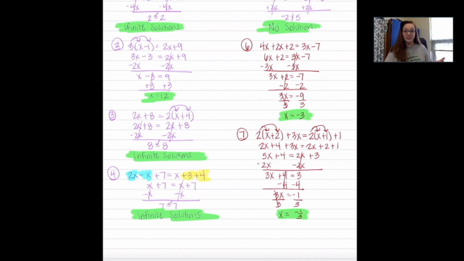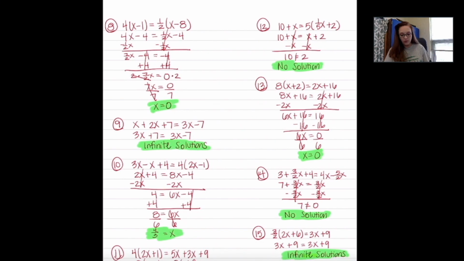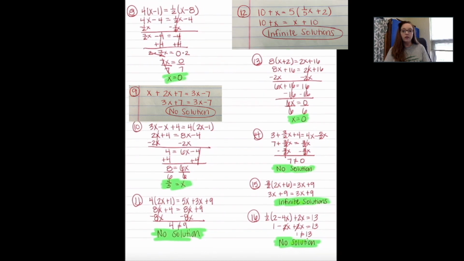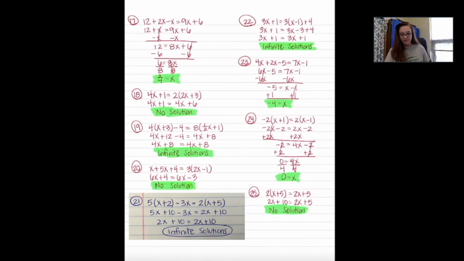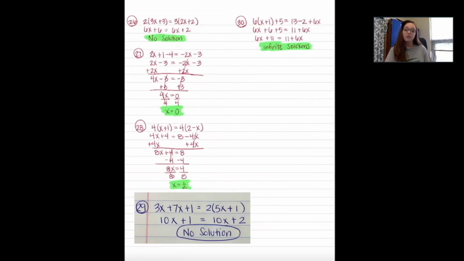So there's 6 and 7. Again, pause the video if necessary. And then here is 8 through 16, 17 through 25, and then 26 through 30.